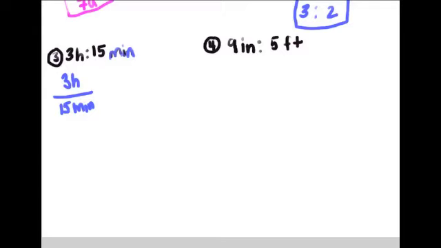Okay, so we can't simplify things when the units don't match up. Since I did not specify which units I want you to solve for, always assume you're going to convert to the smaller unit. So is the hours smaller, or are our minutes smaller?